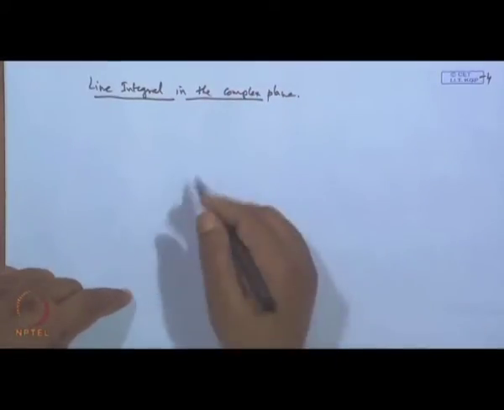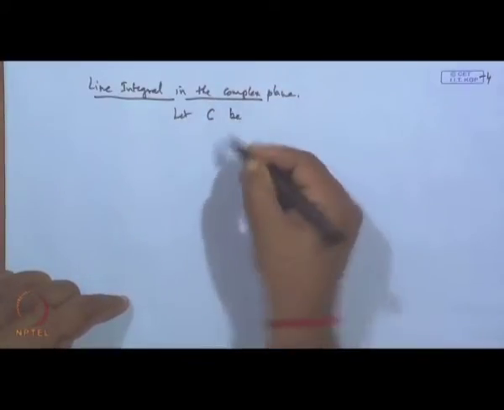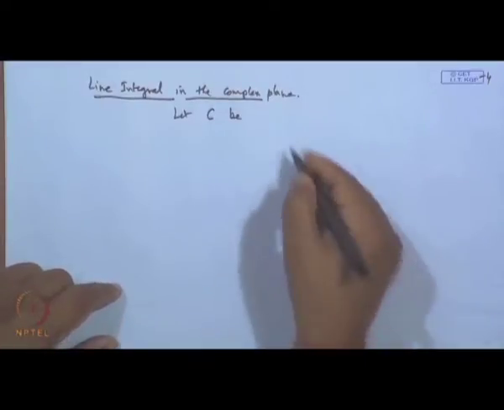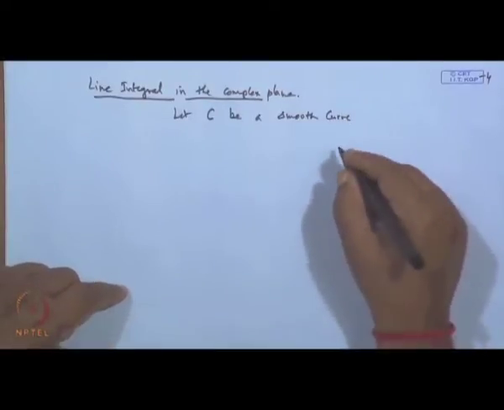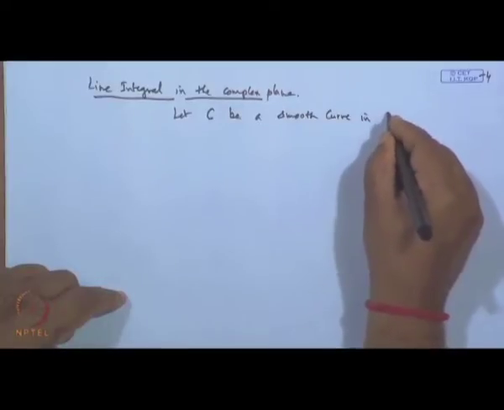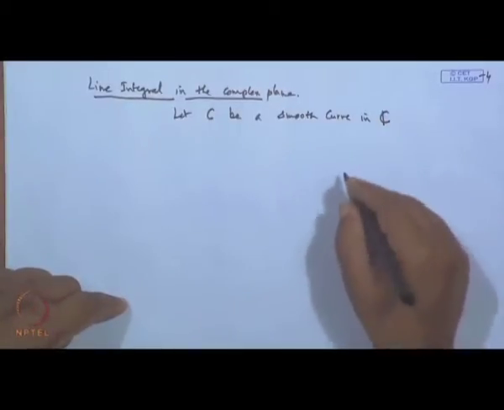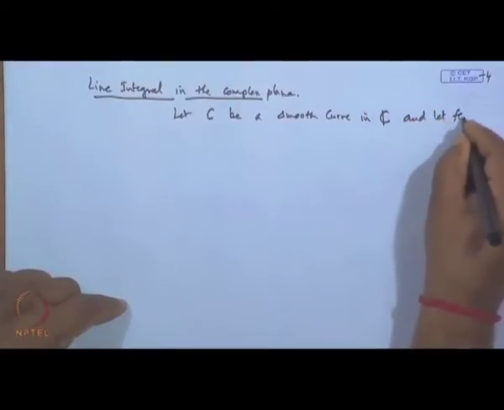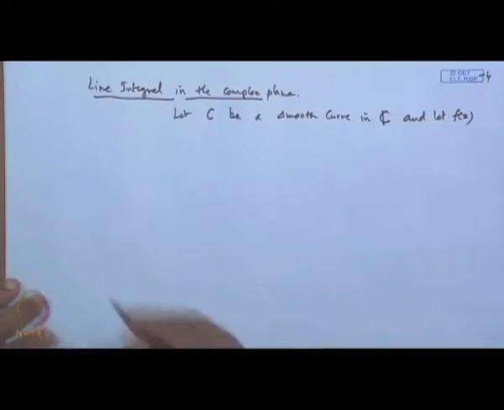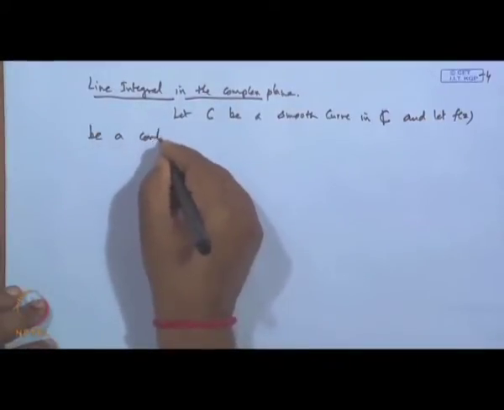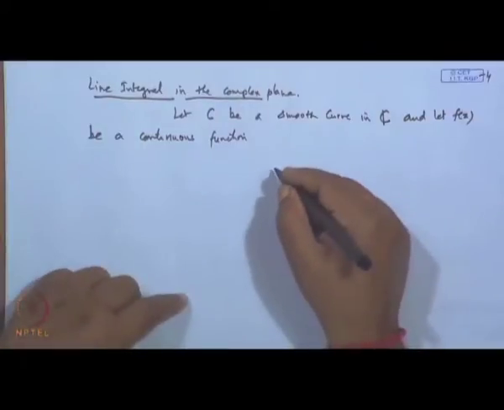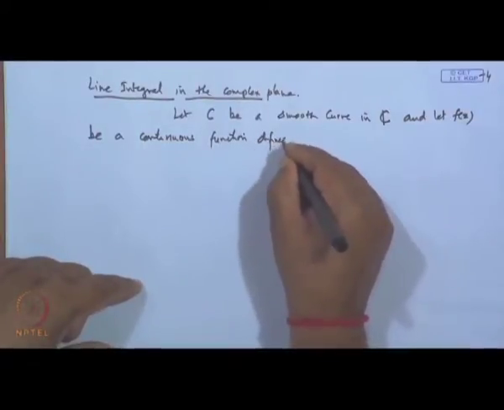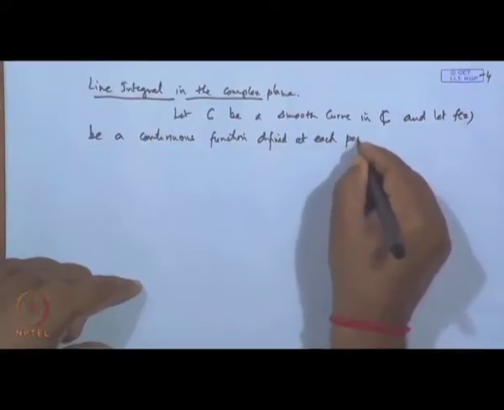Let C be a smooth curve in the complex plane, and let f(z) be a continuous function defined at each point of C.